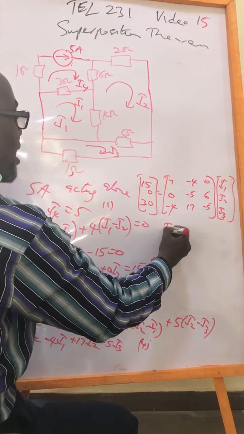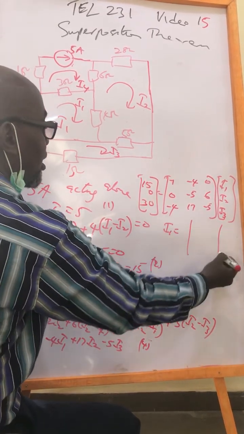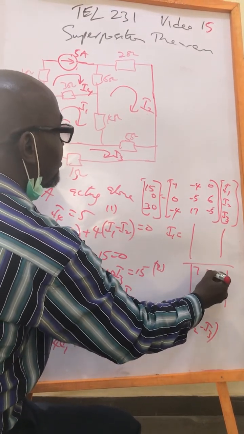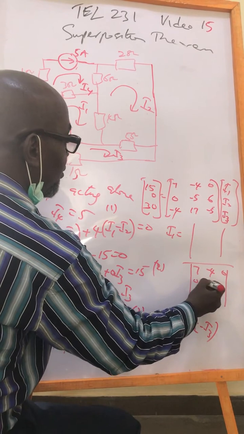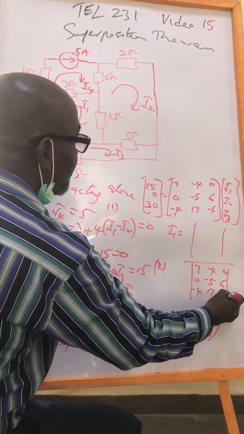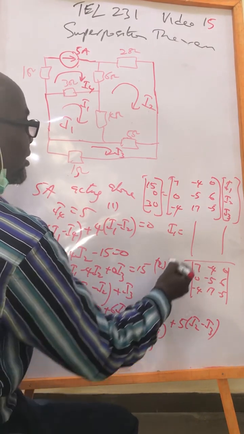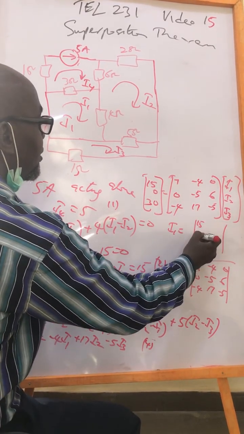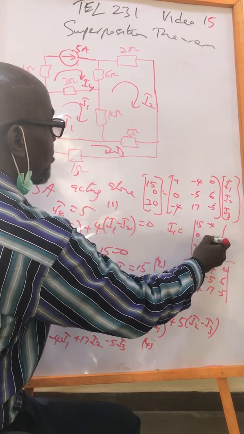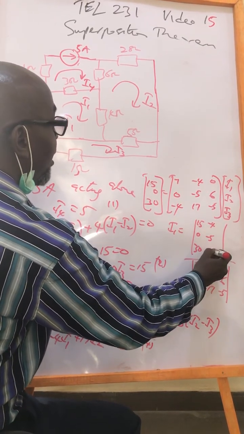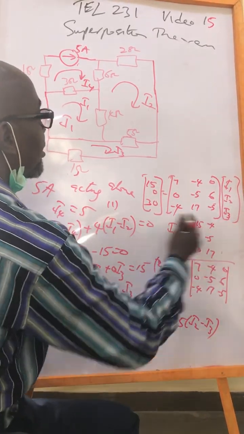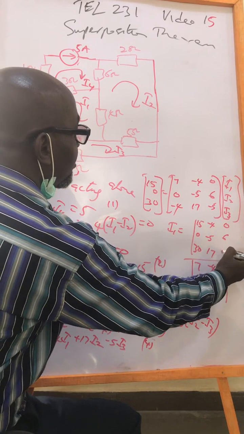My calculator, please be calculating ahead for me: 7, minus 4, 0; 0, minus 5, 6; minus 4, 17, minus 5; and then 15, 0, 30. I will have minus 4, minus 5, 17, and here 0, 6, minus 5.